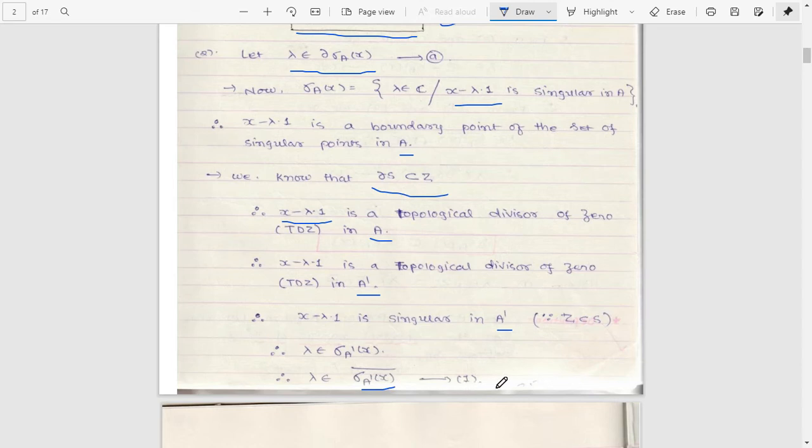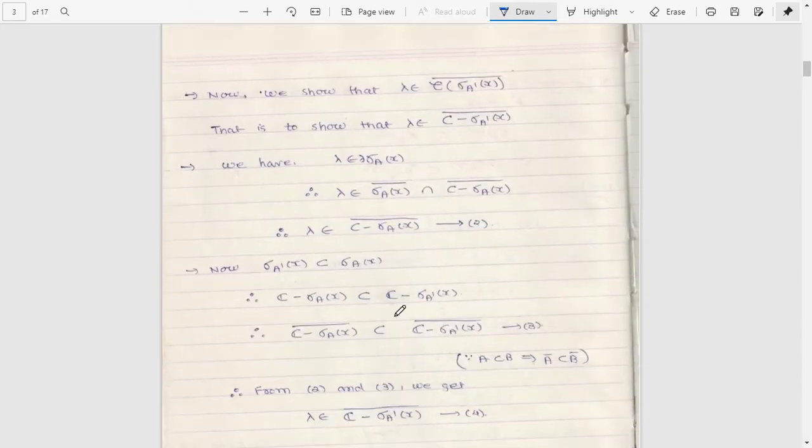Equation number 1. Now we show that lambda belongs to closure of the complement of sigma A dash of x.